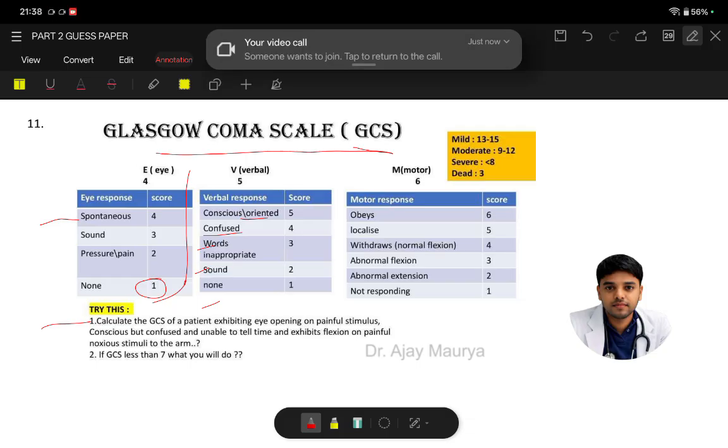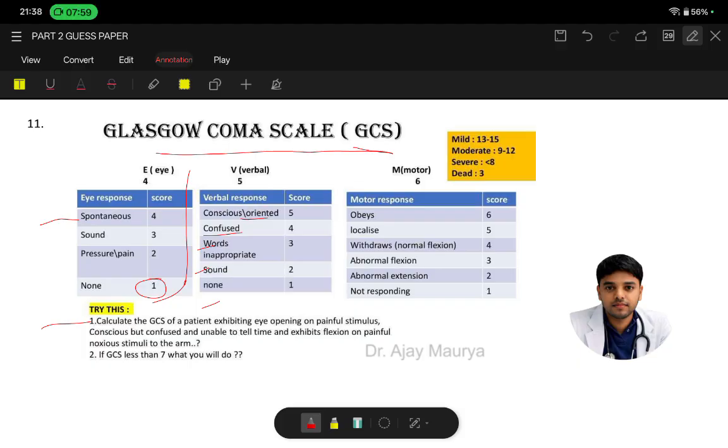O for oriented. Confused, words, sounds, however. One confused word sounds however. Got this mnemonic?